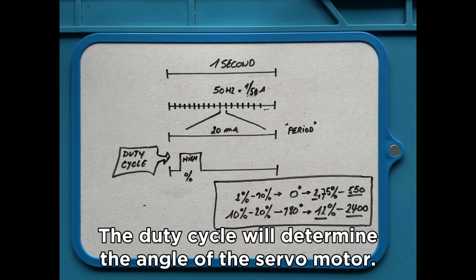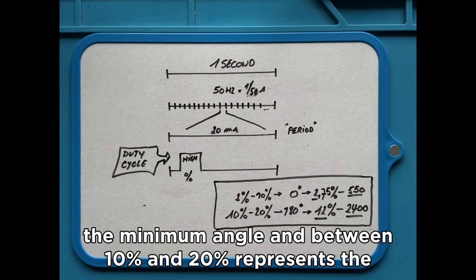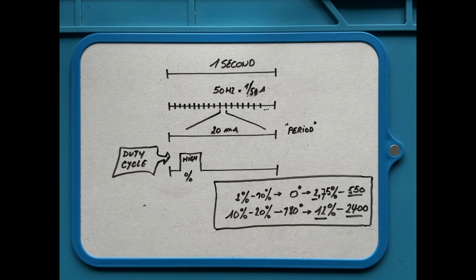Now, the duty cycle will determine the angle of the servo motor. Typically, a duty cycle ranging between 2% to 10% represents the minimum angle, and between 10 and 20% it represents the maximum angle of the servo motor.